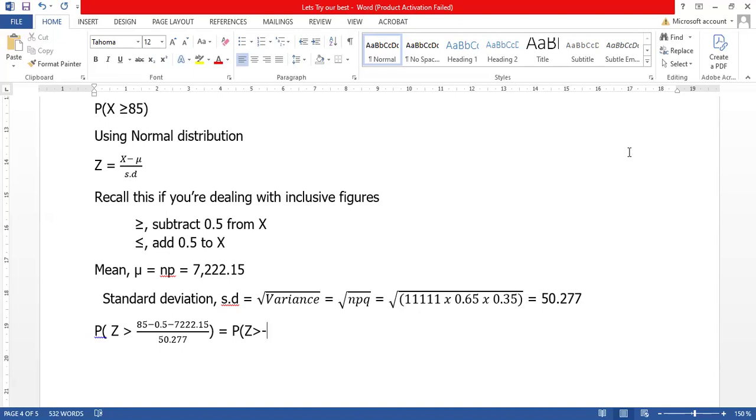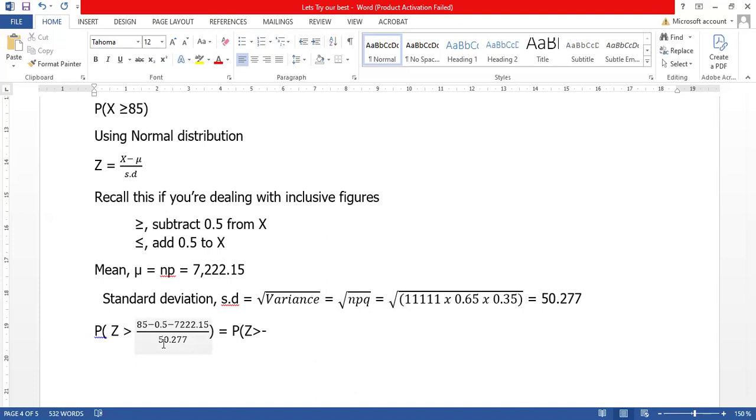What do you have? Negative 141.967. You have a different figure. Let's do it again. Have you divided by this? Yes. 85 minus 0.5 minus 722.